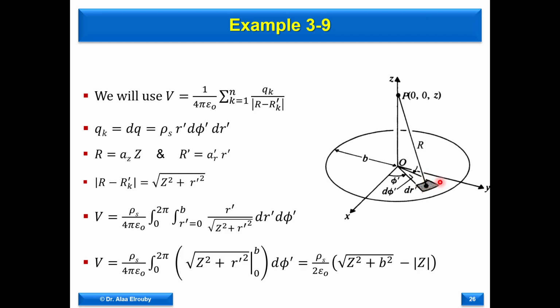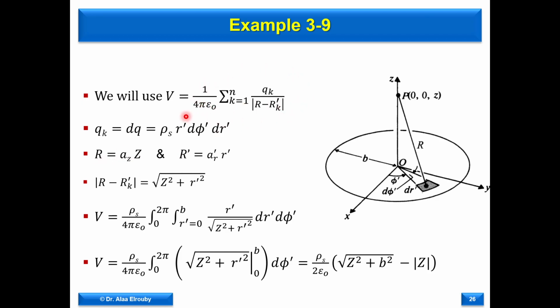The area, as we discussed in the lecture on orthogonal coordinate systems, equals r prime d phi prime multiplied by dr prime. Anything related to the source would have a prime indicator. So dq, or qk, which will be substituted here, equals rho s multiplied by ds.